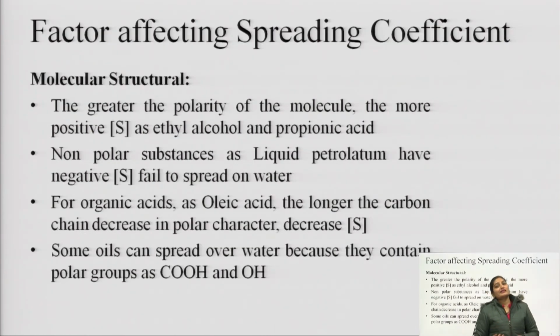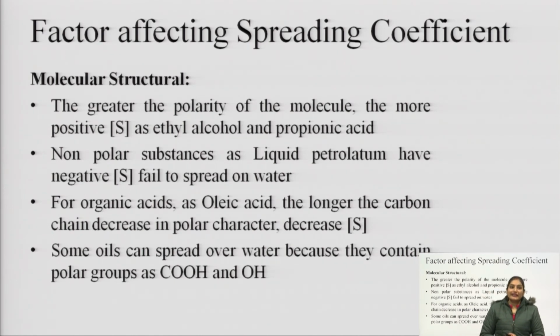Next are the factors affecting the spreading coefficient. There are certain factors that affect the spreading coefficient value, for example, polarity of the molecule. The greater the polarity of the molecule, the more positive is S, or the greater the spreading coefficient, for example ethyl alcohol and propionic acid. In case of non-polar substances, there will be a lower spreading coefficient. The value of S will be negative and they will fail to spread on water, for example liquid petrolatum.